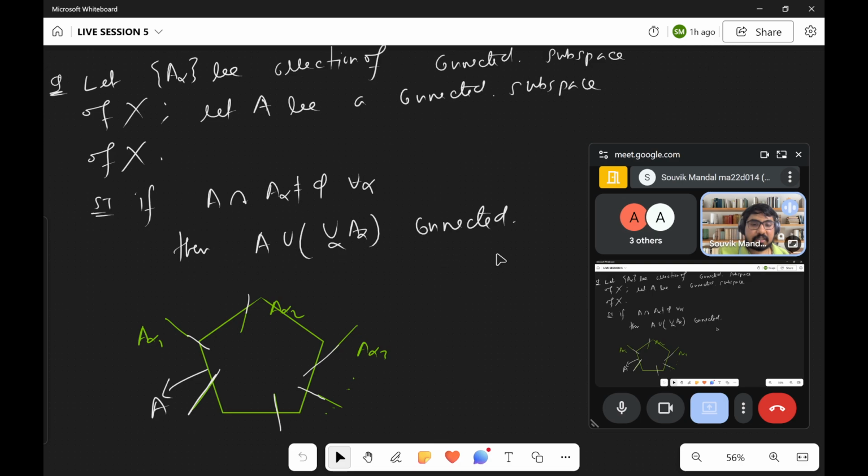So this picture tells that the union is clearly connected. That's how it is intuitively clear.